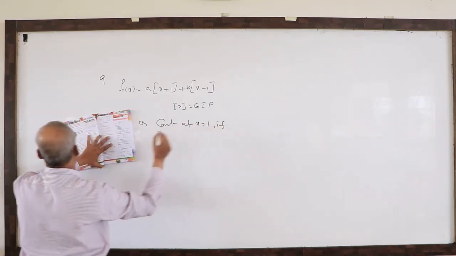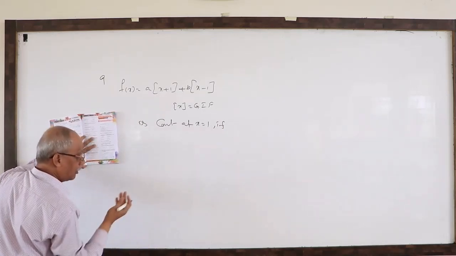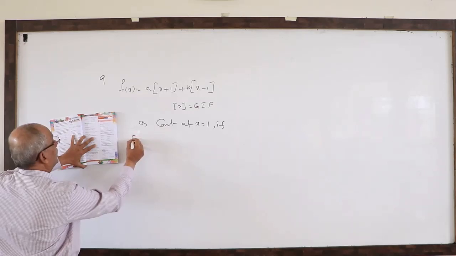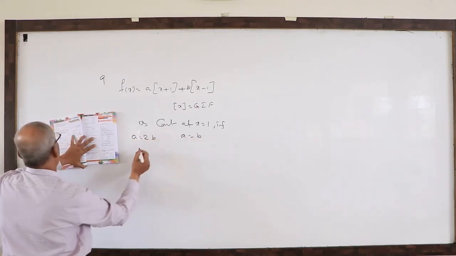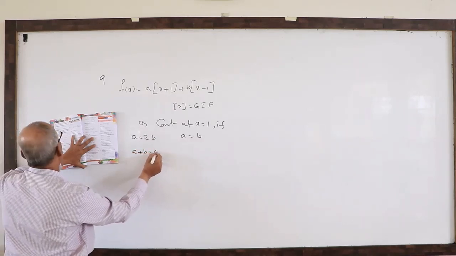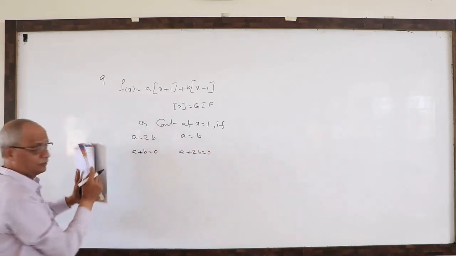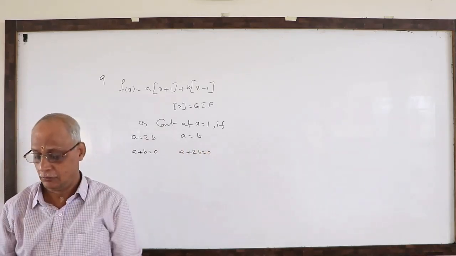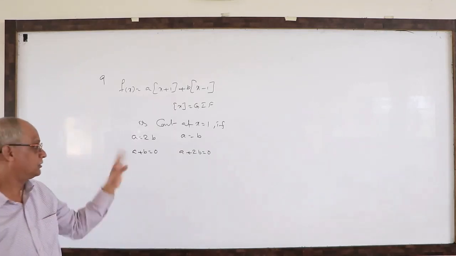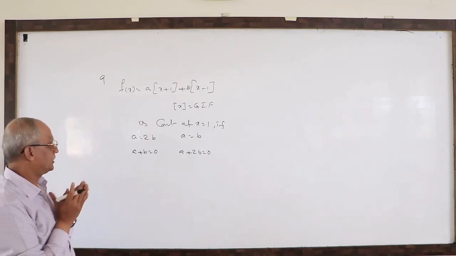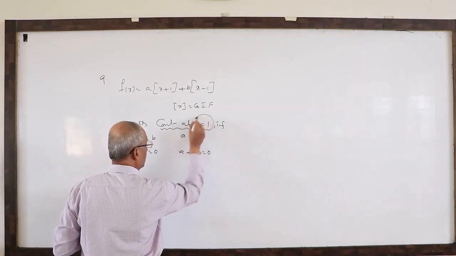Then what are the relations he is asking? First option, a equal to 2b. A equal to b. Sum is 0 and a plus 2b is 0. That shows he is asking relation between a and b only. Not that we are finding values of a, b or unknown values. Some relation is there. What is given here condition? It is given that continuous at 1.